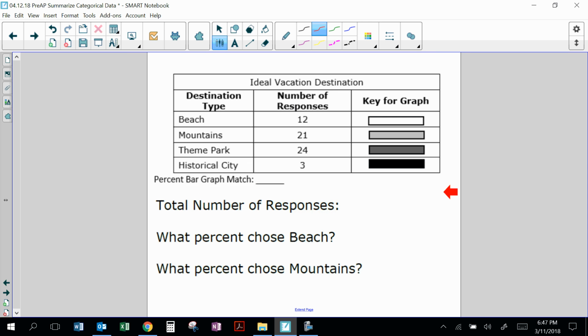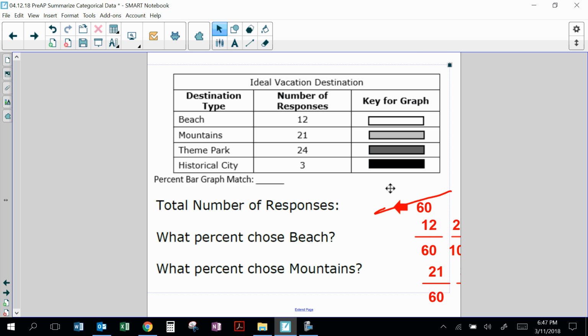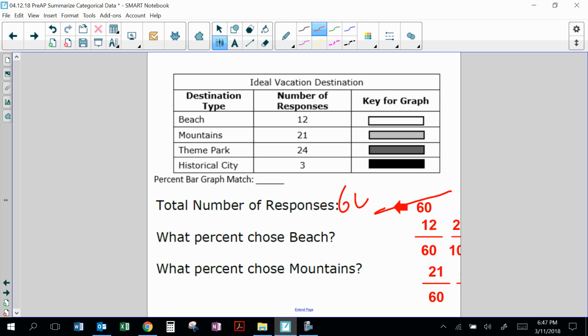Next one. This is about ideal vacation destination. What do you want to do for your vacation? If you added all of those up, the total number of responses was, sorry, now I'm going to cheat here, it is 60. So let me write 60 here. What percent chose beach? 12 people said beaches are the ideal vacation spot out of 60. So what percent is that?